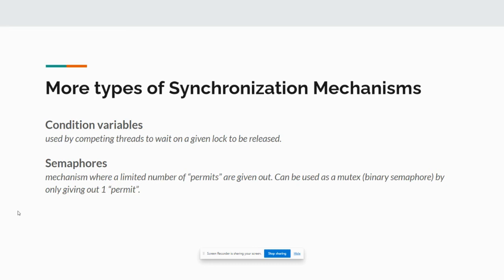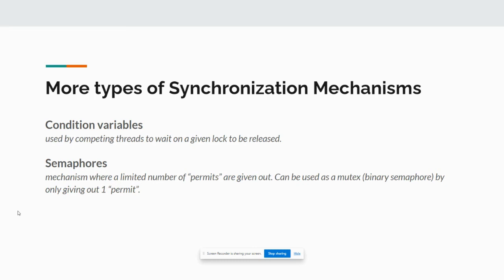The remaining 50 will have to wait for those previous 50 permits to be released. These semaphores can also be used as a mutex, that is called a binary semaphore, by only giving out one permit.